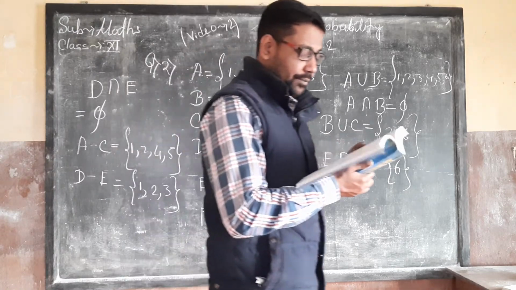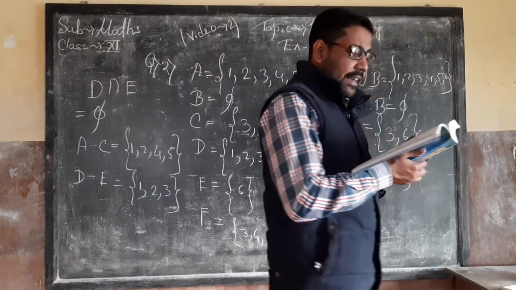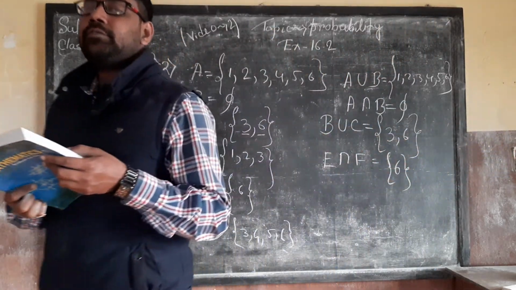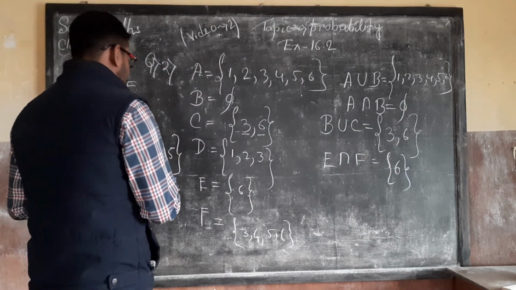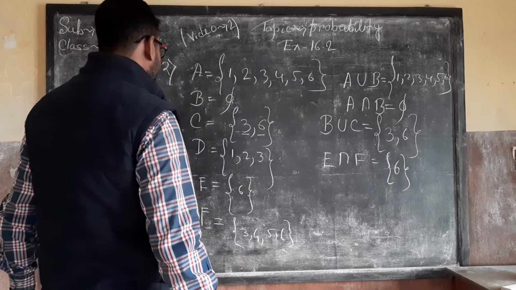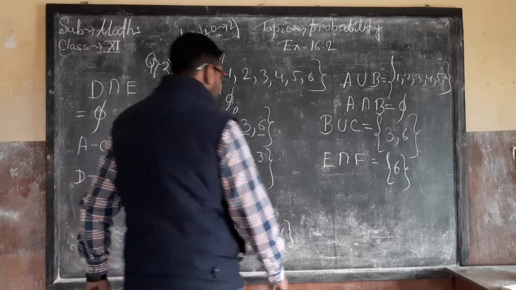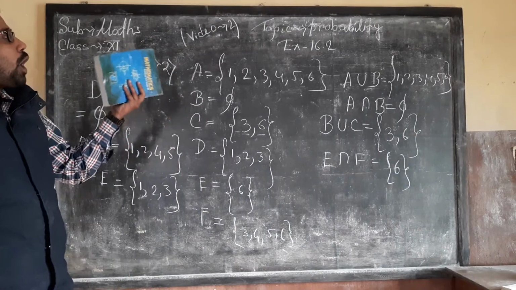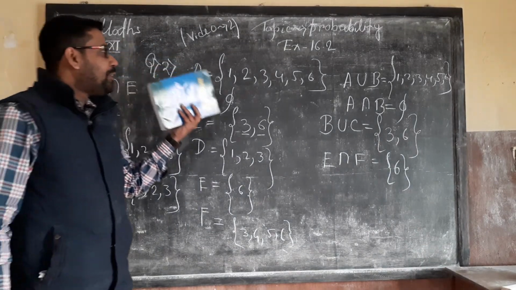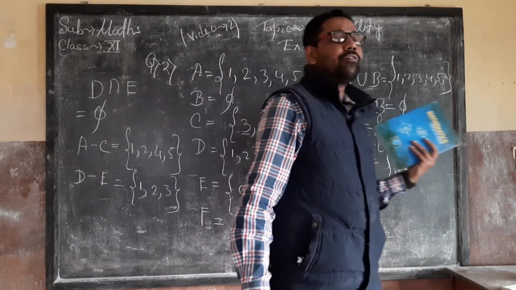After that, E intersection F complement. F is a set and the sample set of this particular experiment is 1, 2, 3, 4, 5, 6.